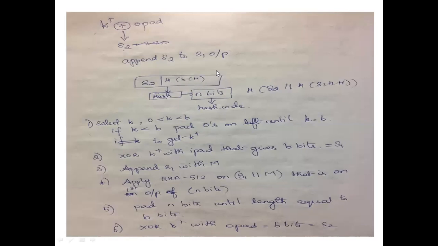So this S2 is appended along with the S1 output, and the hash function is again performed on it, and then you get a hash code. If you see this line, the hash code will be the hash function of S2 appended with the S1 output.